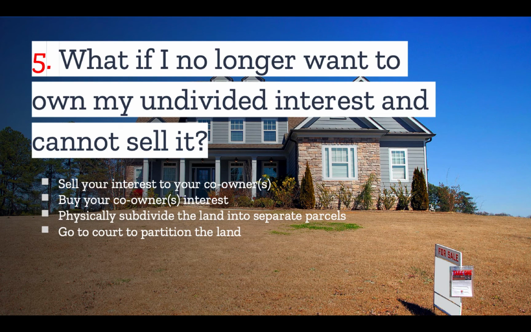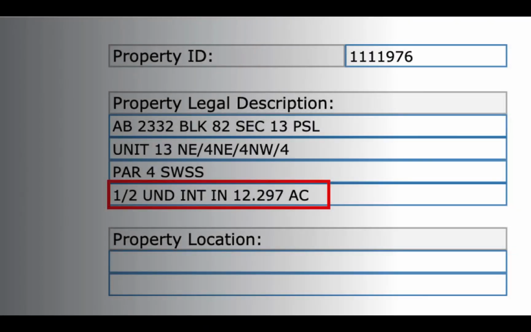You may have to go to court to have the court determine how the land should be partitioned. If you do decide to go this route, however, be sure to speak with an attorney. Also keep in mind that the court may also rule that the property shouldn't be subdivided, but rather sold and the funds distributed proportionally.